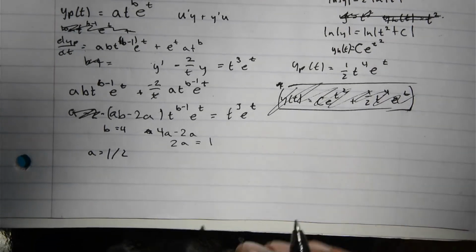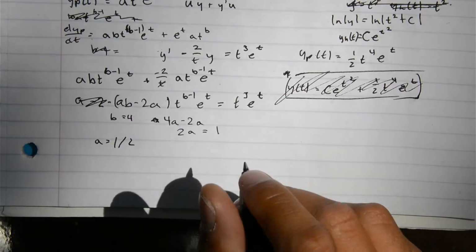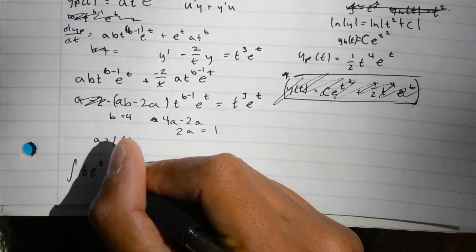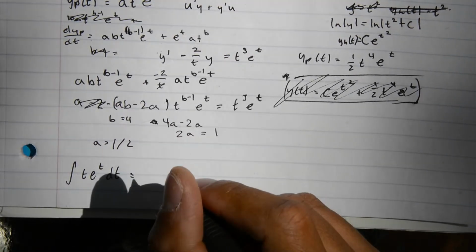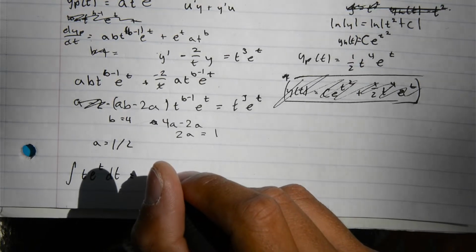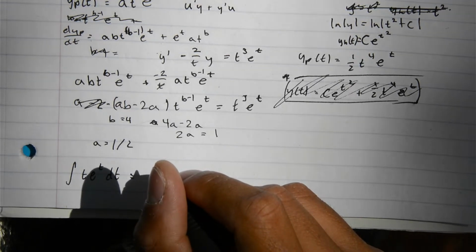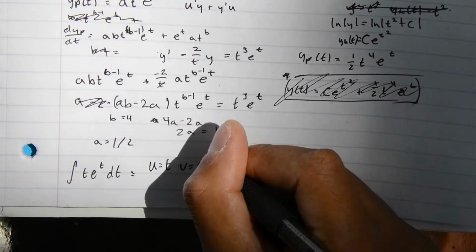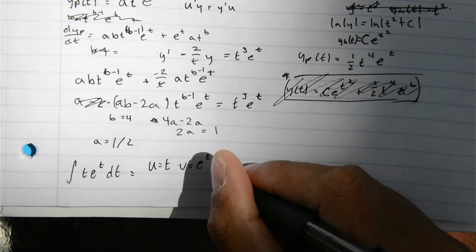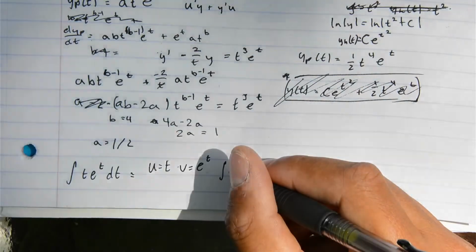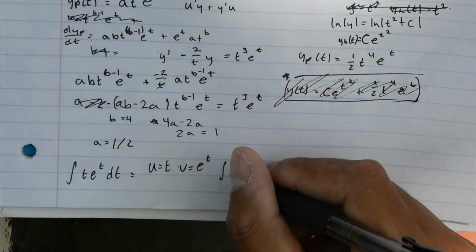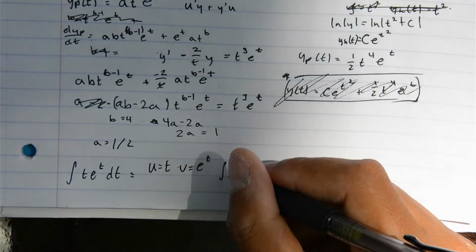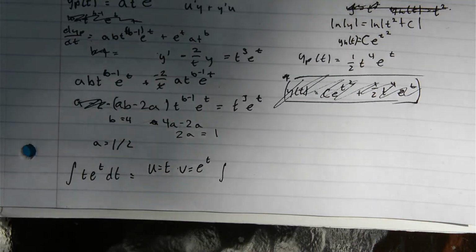Okay, hold on. Is it in frame? All right, so we're doing the integral of t e to the t dt. Let u equal t and v equal e to the t, and we get the integral of, wait, the integral of u dv?